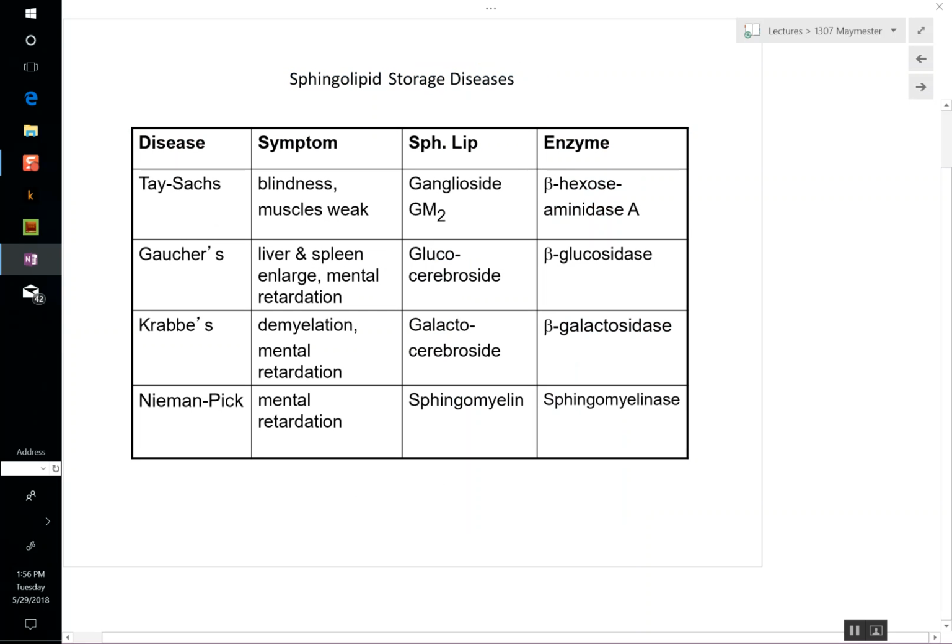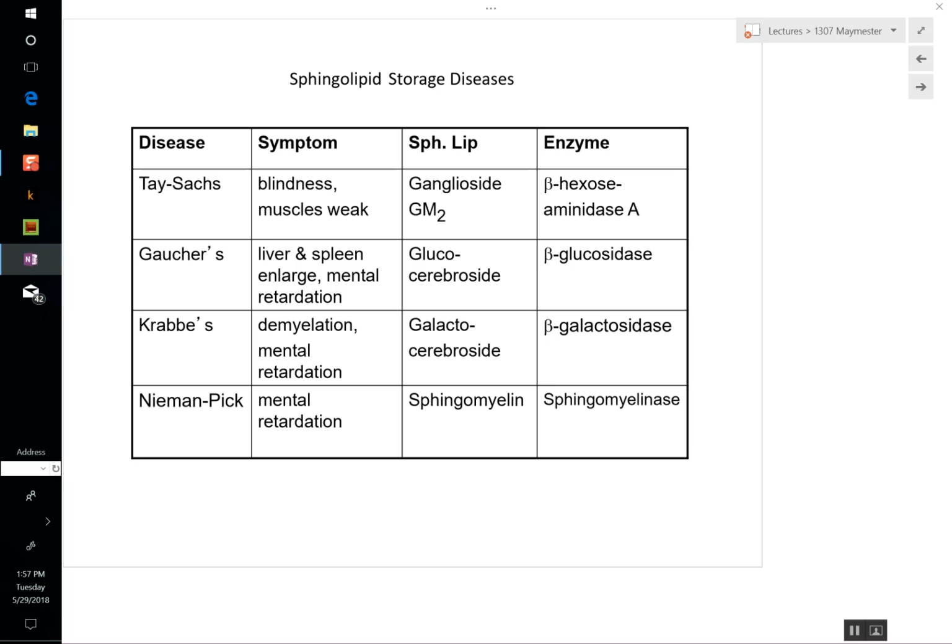And then there are genetic diseases associated with these things. If an individual genetically lacks the enzyme to metabolize or make these different end groups, there are consequences.